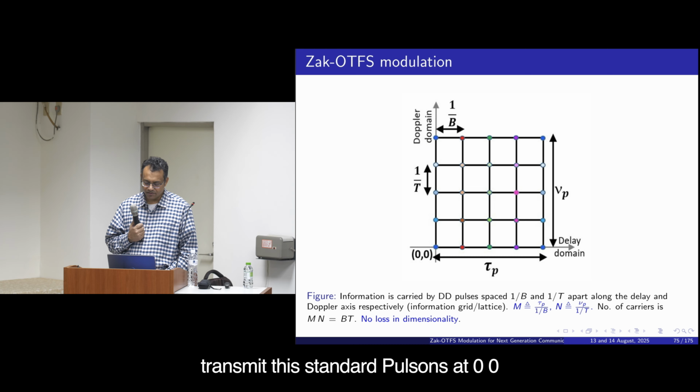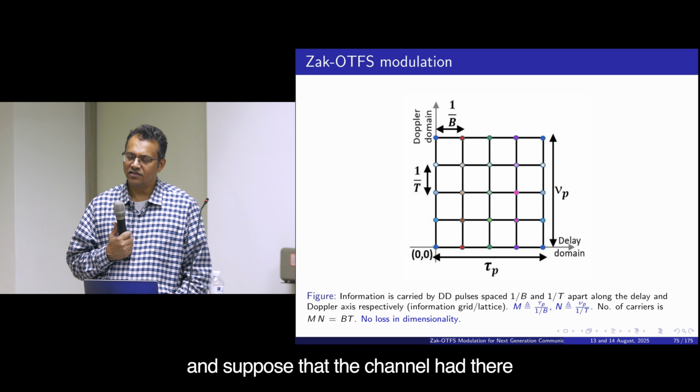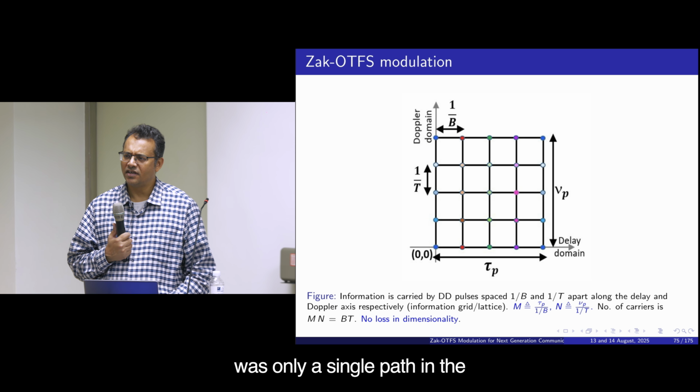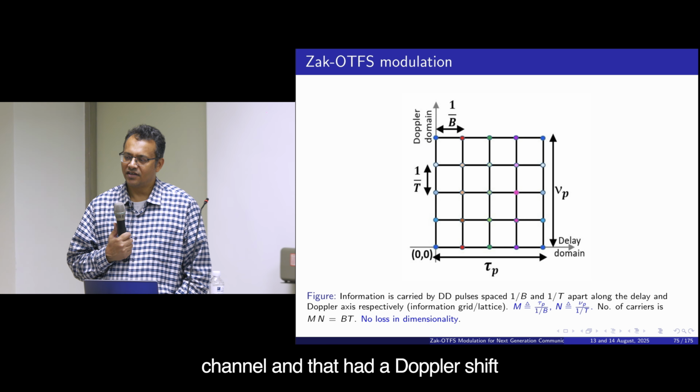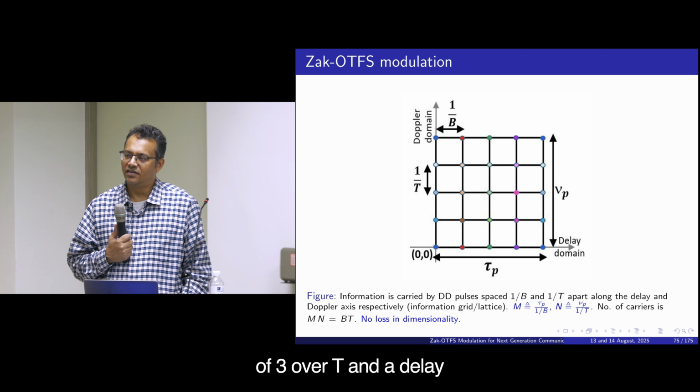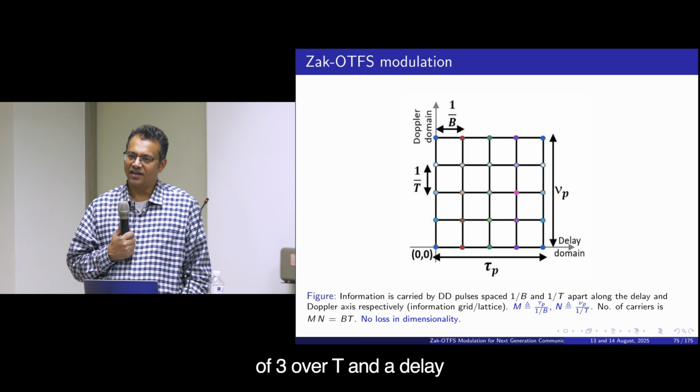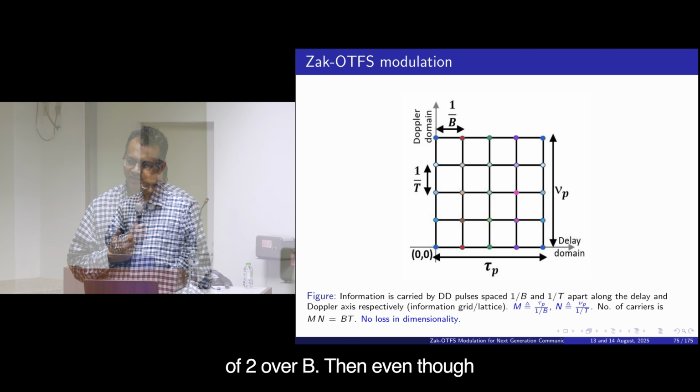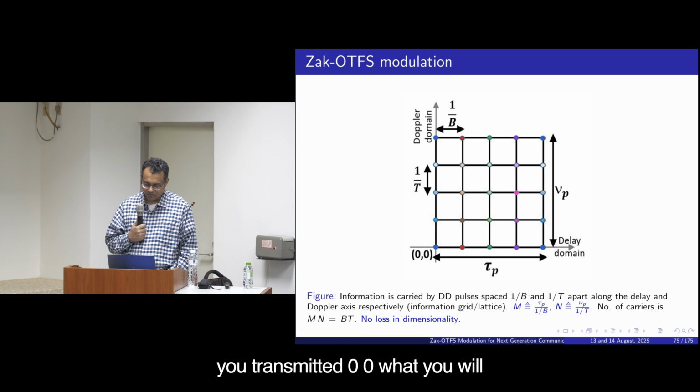Let us say you transmit this standard pulson at 0 0, and suppose the channel had only a single path, with a Doppler shift of 3 over T and a delay of 2 over B. Then even though you transmit at 0 0, what you will actually receive is this pulson, isn't it?